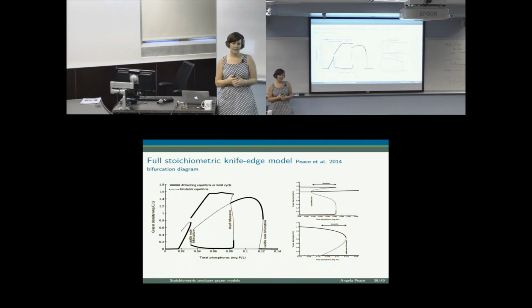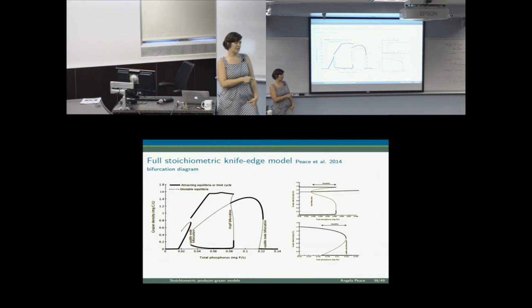All that work is summarized here in this bifurcation diagram. Here we have the grazer's density on this axis, Y, and we have the total amount of phosphorus on this lower x-axis here. It has a similar bifurcation structure to the one you saw in the 2D model. At first, when you have low levels of phosphorus, it's unable to support grazer density.